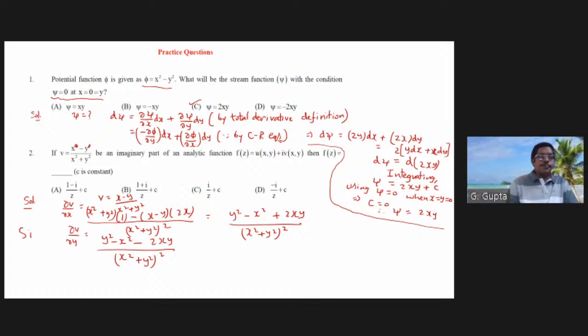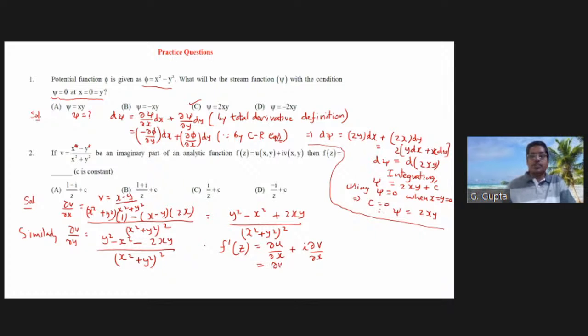Please check. So we know that f dash z by the Milne-Thomson method is dou u by dou x plus I times dou v by dou x. Here v is given. We have to eliminate dou v by dou x with the help of the CR equation.